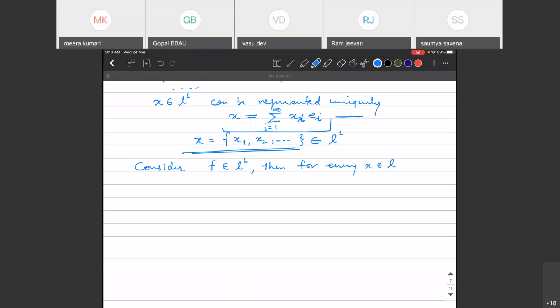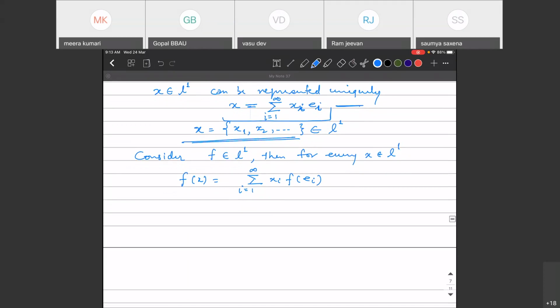For x in L1, it can be written as f(x) equal to the summation i from 1 to infinity of x_i f(e_i). Here we know x is x1, x2, ..., xn. This is the sequence, and x belongs to L1. So far it's okay.